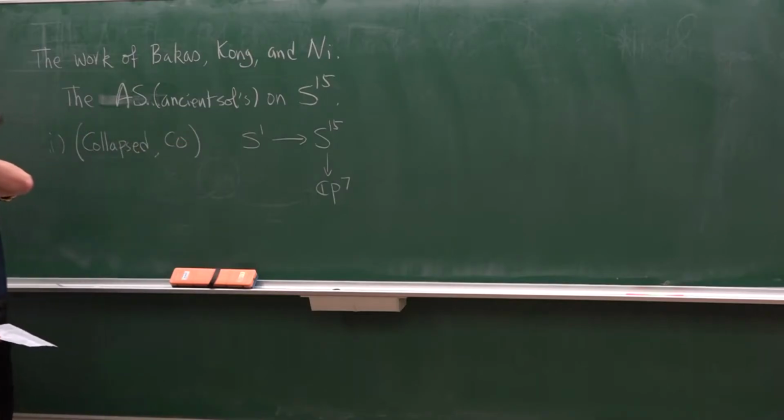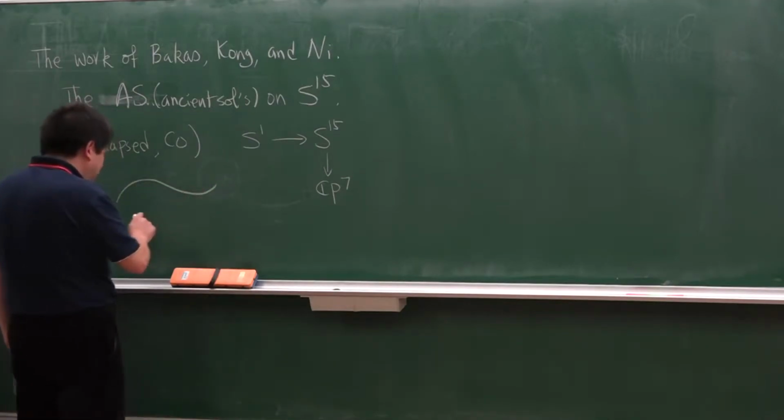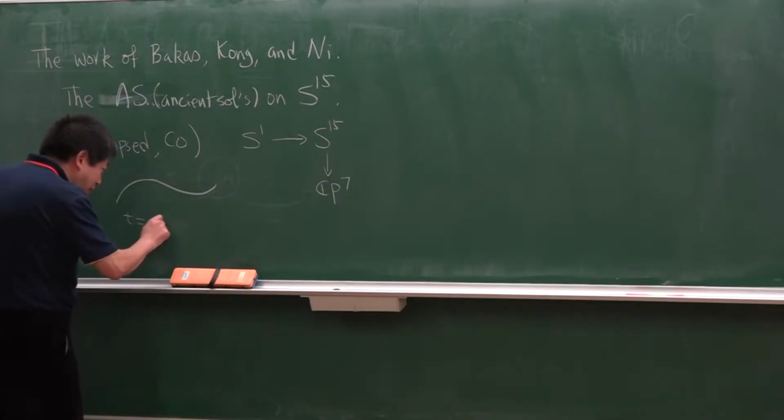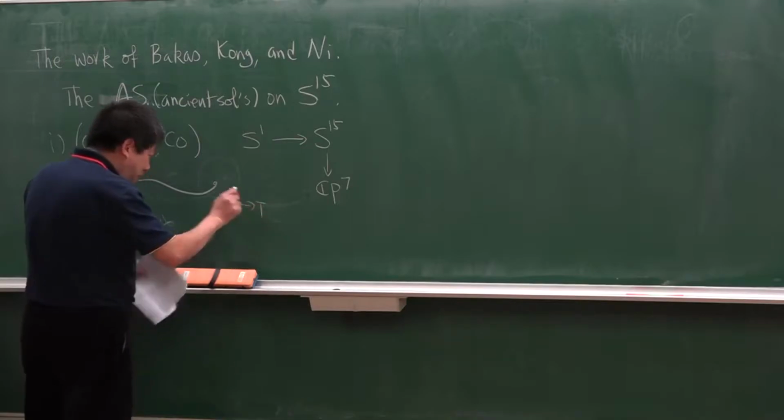You can use that unit circle to do such bundles. So what they did is then eventually they get this is t equal to minus infinity. This is t approach to singular time.